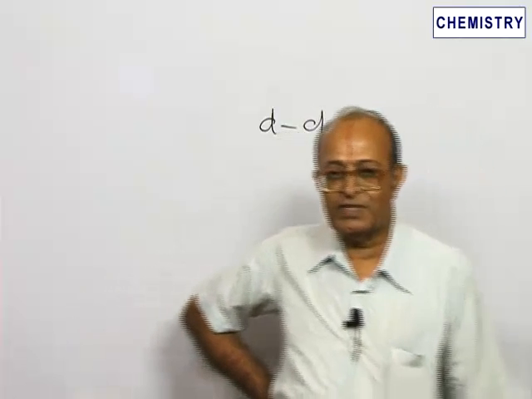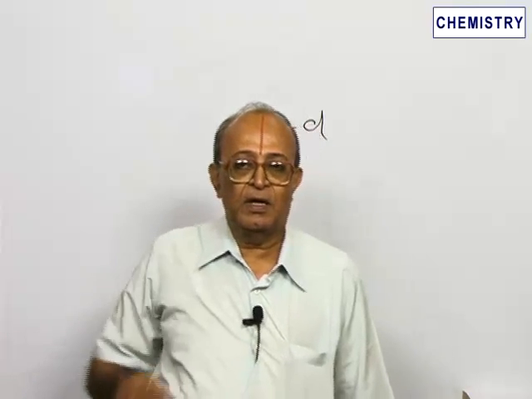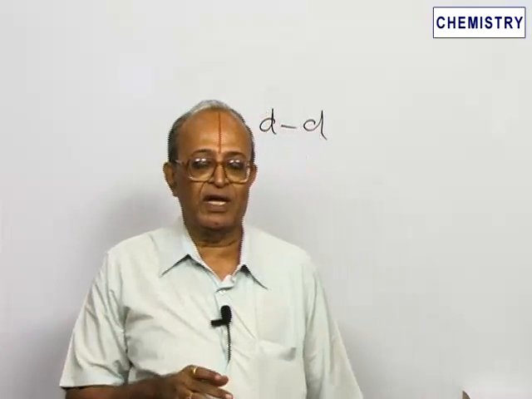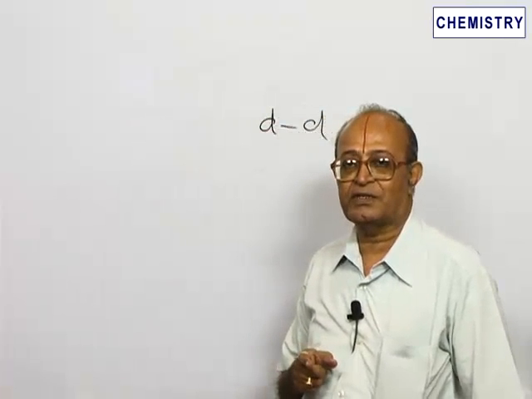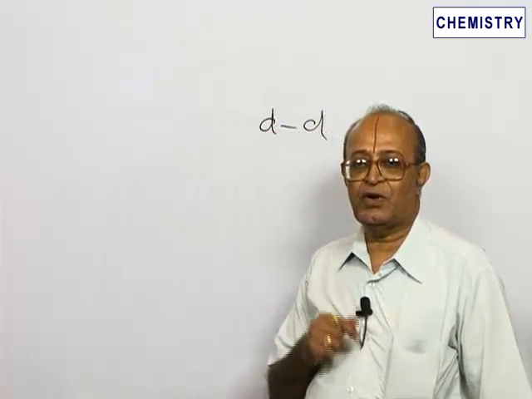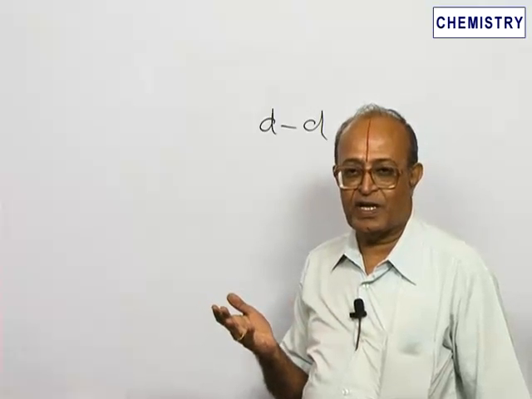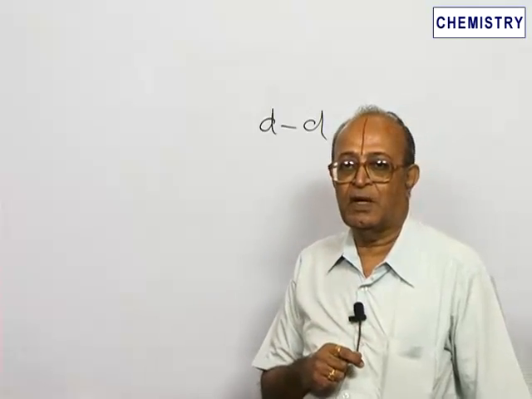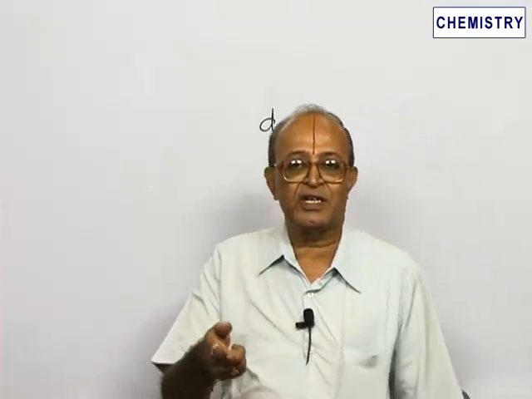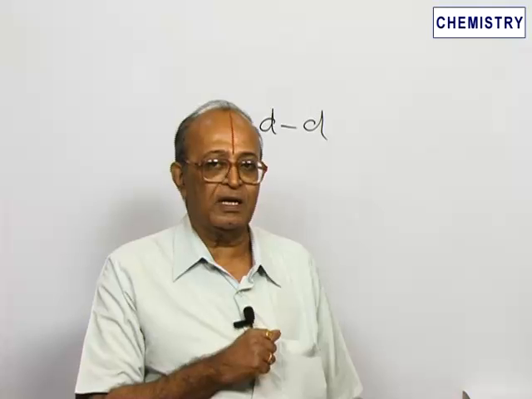Manganese in +7 state means there is no D electron available in potassium permanganate for Mn +7 state. D0 configuration. D0 configuration means there should not be D-D transition. If there is no D-D transition, the substance should be colorless.